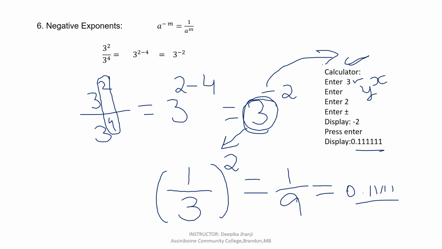But your exponent is negative here, right? To make it negative, you will enter this feature, and then your screen will show negative 2, and then you press enter. Your screen will display the result in decimals, that is 0.1111, right? So that is calculator method.